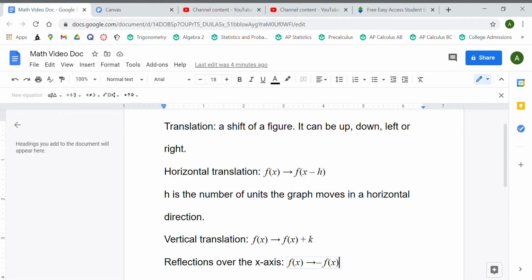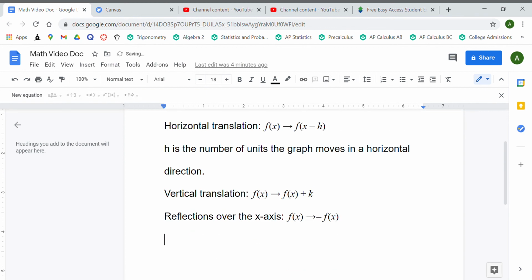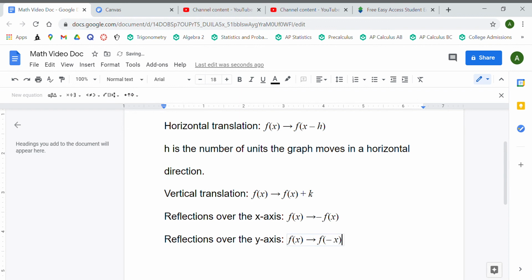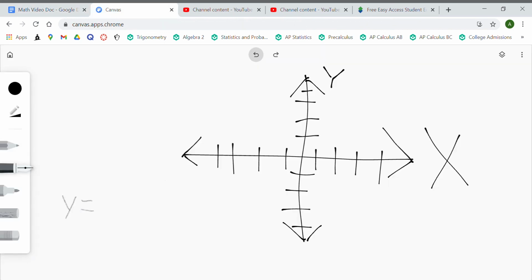Alright. Reflections over the y-axis. Now, we are going to do f of x, transform it into f of negative x. So this time we're not multiplying by the whole thing, we're just multiplying the x term by negative 1.